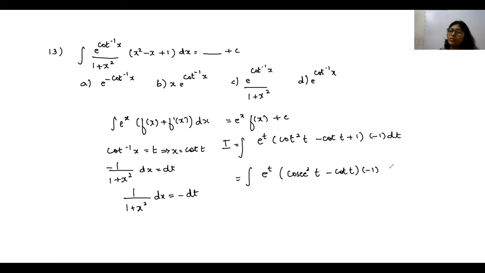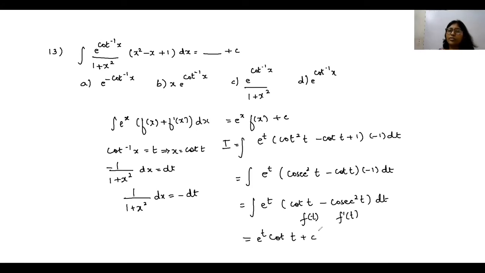So if we take this negative sign in the bracket, we will have cot t minus cosec square t, and that's good with our formula because this will be the function and this will be the derivative. Minus cosec square t is the derivative, so you can say plus of minus like according to this formula, and so our answer is e raised to t cot t.